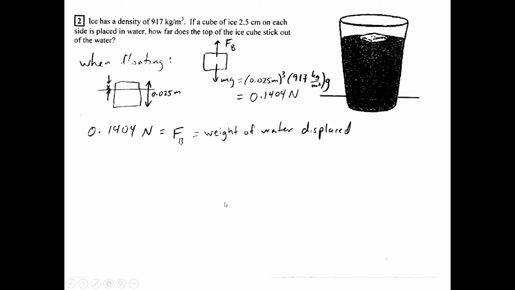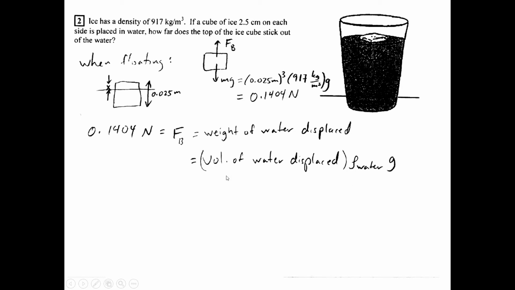So let's write that in terms of x. The weight of the water displaced is the density of water times the volume of the water that's pushed out of the way. So what is that? Well, the area of the bottom is 0.025 times 0.025, and the height of this side that fits under the water is 0.025 minus x. That's just the height that's underneath the water.